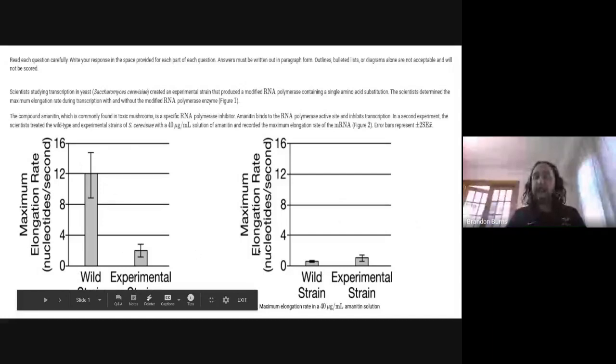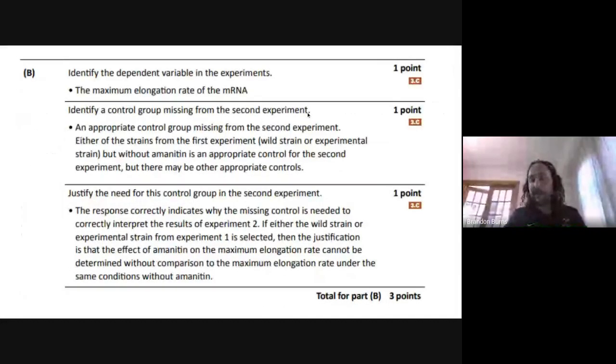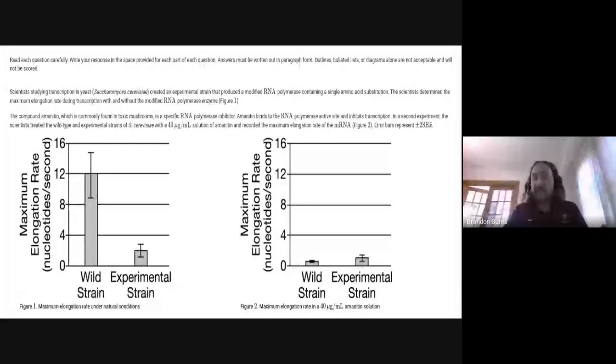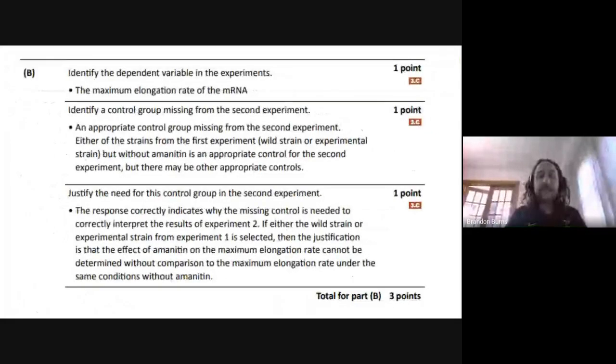Because the question says in the second experiment, you need to consider only the second experiment on its own. Ignore the fact that they did the first experiment and say, what control are they missing? And here we don't have a control. We don't know, was there a difference between these two compared to what they would have done normally? We don't know without having the control. So that gets to the third point, which is to justify the need for a control.